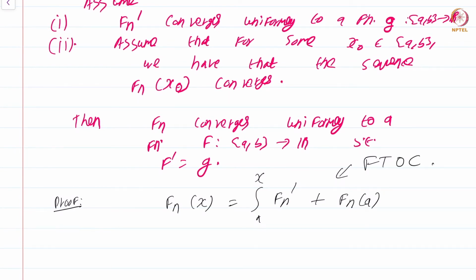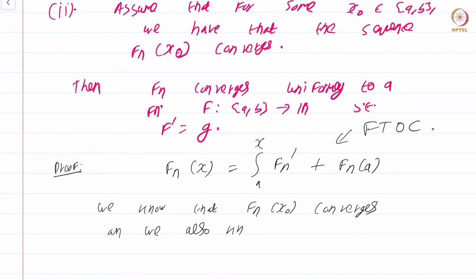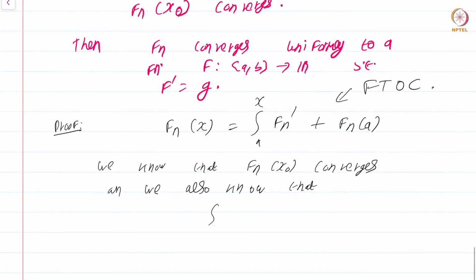Now, how does this help? Well, we know that fn of x naught converges, and we also know that the integral from a to x of fn prime converges. Note x is fixed.